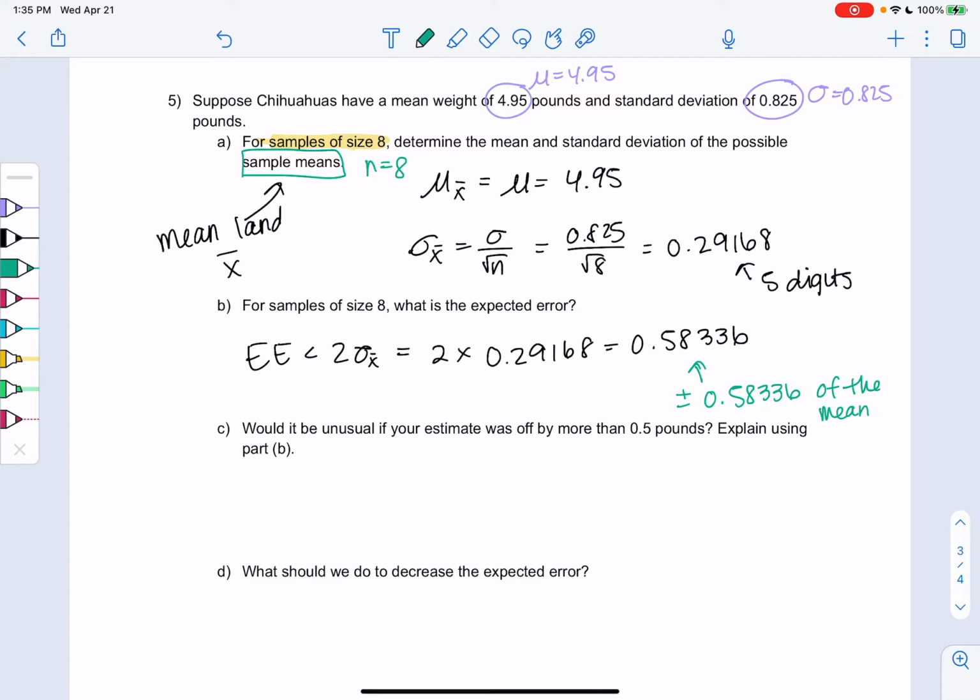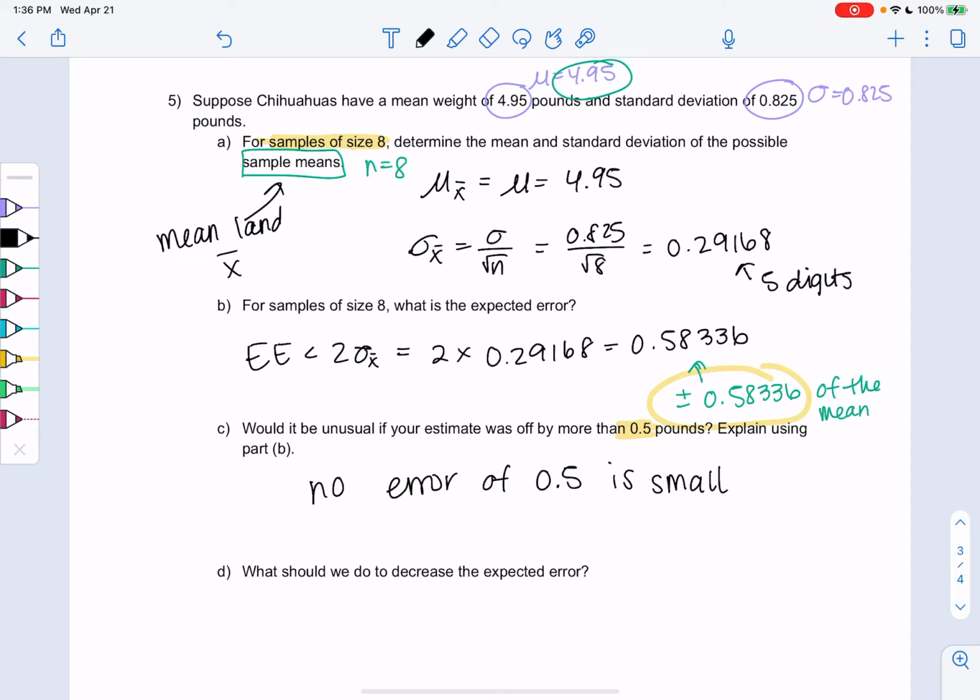So we should be a little above or below that 4.95, 0.58 above or below. So would it be unusual if we were off by 0.5? No, because that's smaller than the expected error. So error of 0.5 is smaller than the expected error.